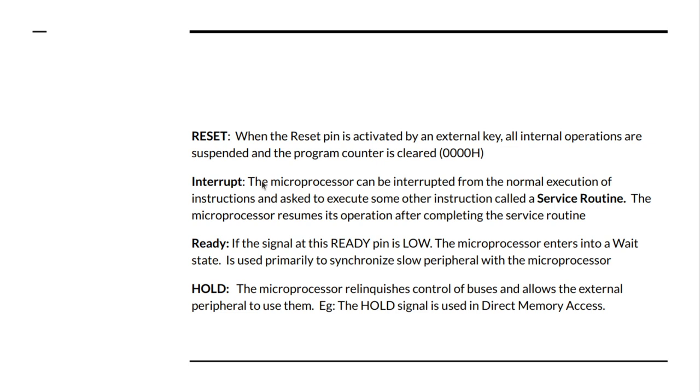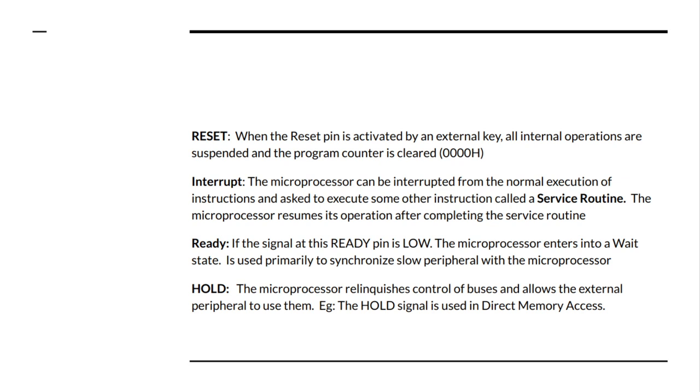Then we have the microprocessor interrupt. The microprocessor can be interrupted from the normal execution of instructions and asked to execute some other instruction called a service routine. The microprocessor resumes its operation after completing the service routine. So that is the use of interrupt.